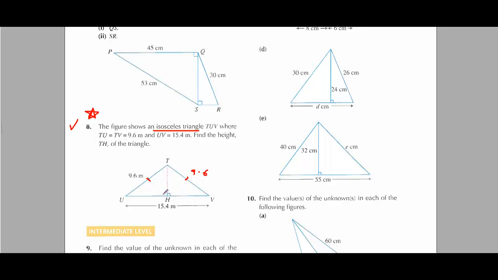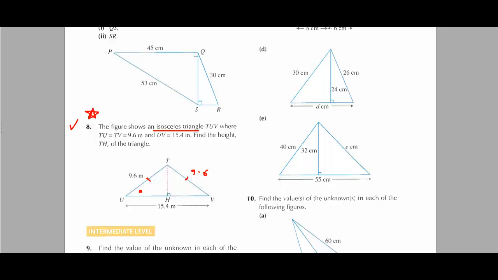And you know that in an isosceles triangle, if you draw this line between these two equal sides, it will divide this side into two equal parts.